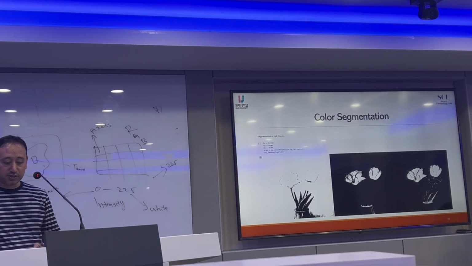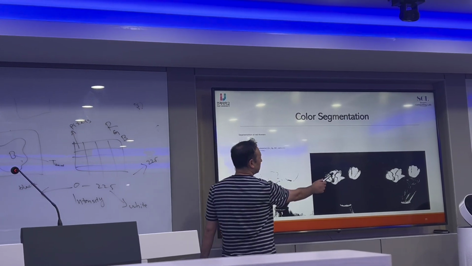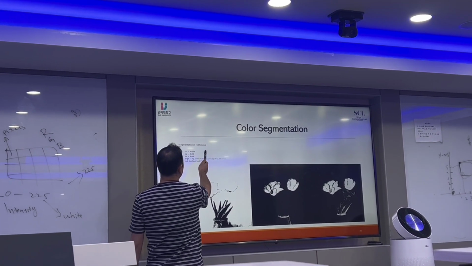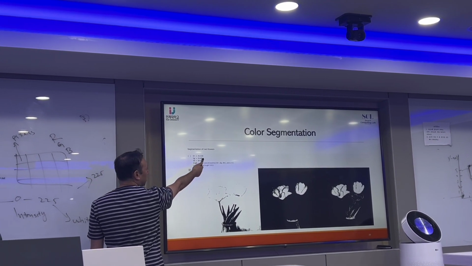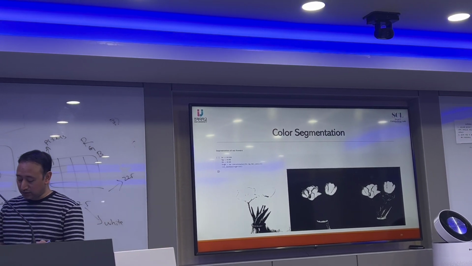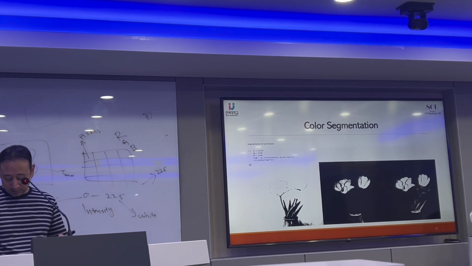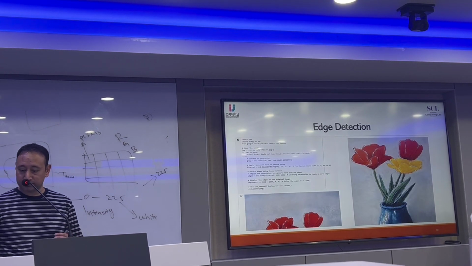So if we want to segment out, for example, this red color from others, we set some threshold value. Based on this threshold value, you can segment out different colors. You can change the value and you can get different results.